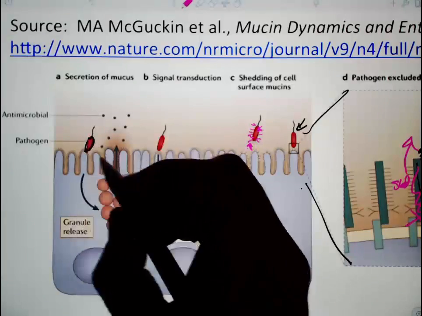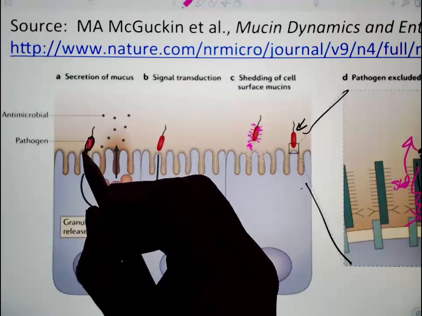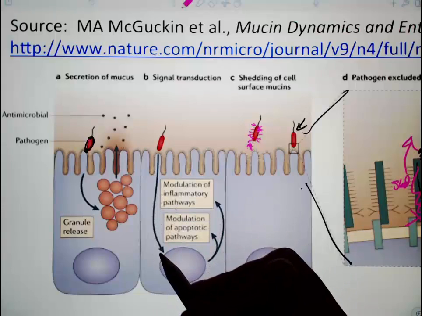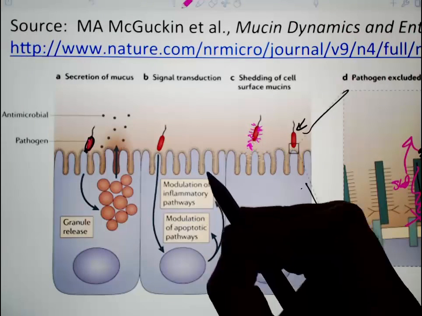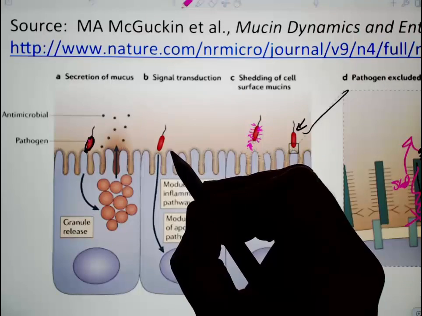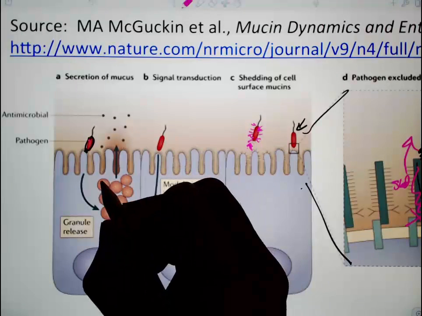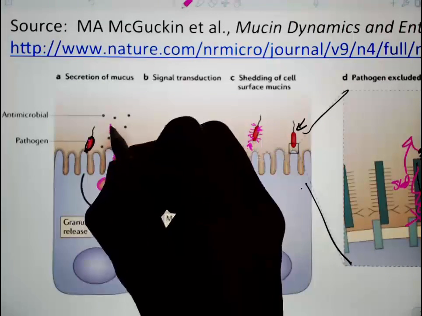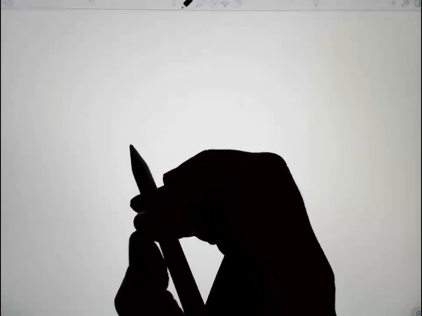When a pathogen binds, that triggers a signal transduction cascade that can cause inflammation. It can cause cell death if there's a strong enough signal from multiple bacteria, or it can trigger granule release, more mucus. I'll summarize by running through a simple sketch.